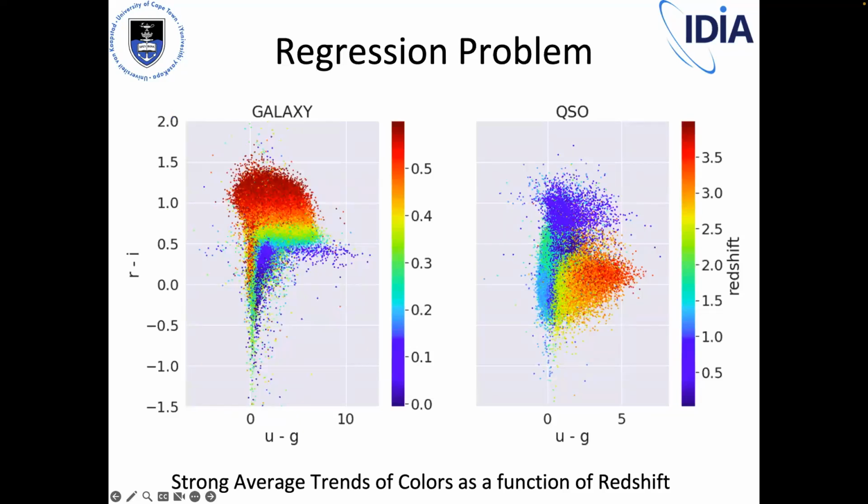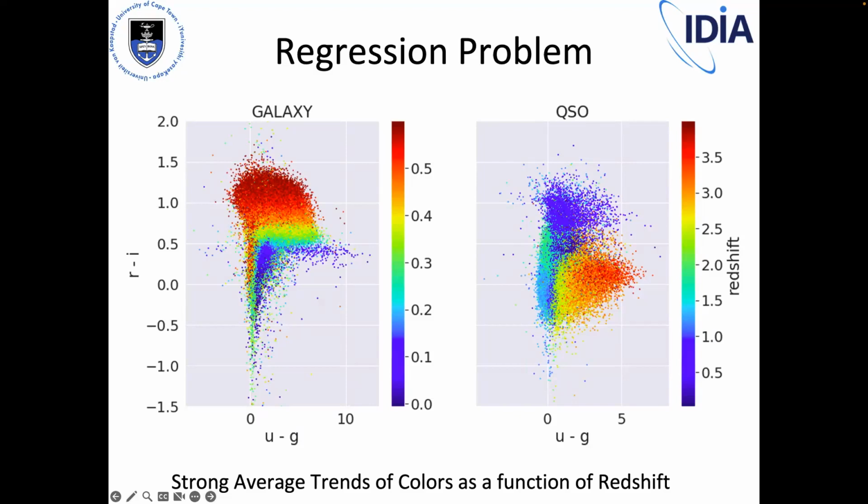Second problem is the regression, and the problem of the regression is basically based on the fact that using a couple, again, of random combination of colors, that I chose just for convenience, you can see that the redshift shown by the color bar rapidly changes as a function of color.